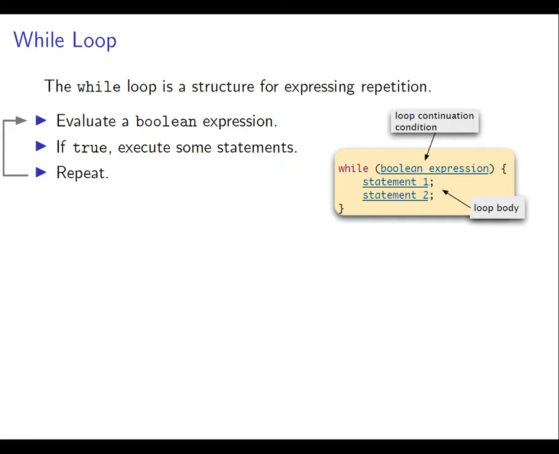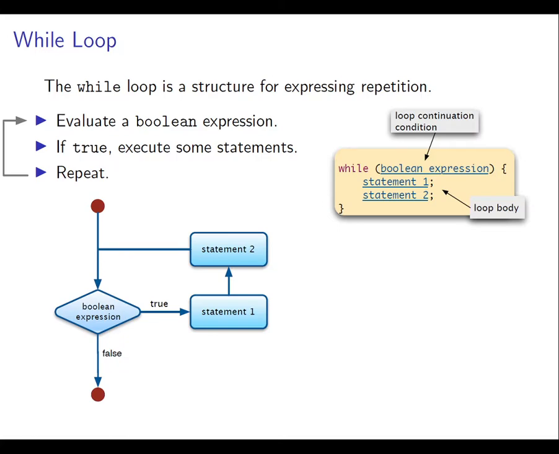But this time, when you get to the end of the block that follows the while keyword, you go back to the beginning of that block and re-evaluate the Boolean expression. And if it's true again, then you execute the block again, and so it goes on. And so you only fall out the bottom of the while loop and go on to whatever is the statement following the while loop once you get to a position where the Boolean expression is false. And here's how that looks graphically.